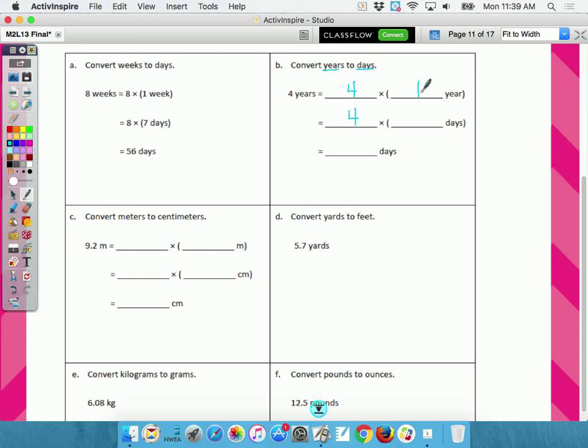So how many days are in a year? 365. Okay. So to solve this problem, what do I have to multiply? 365 times 4. Okay, go ahead and do that and see if we get the same answer.